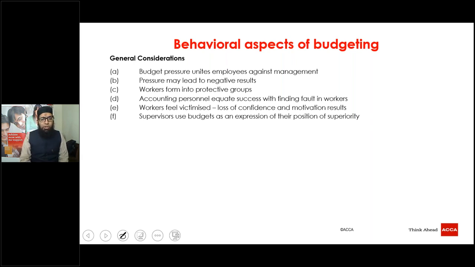Accounting personnel equate success with finding faults in workers. So what happens at that point is that the accounting personnel are happy finding the faults. They think that their job in the budgeting process is finding faults. And with that, the worker feels victimized. And due to that, they have a loss of confidence and motivation.